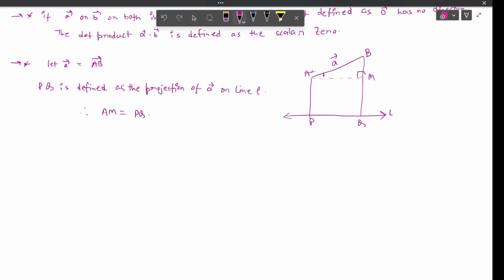And let theta be the angle between a vector and the line L.